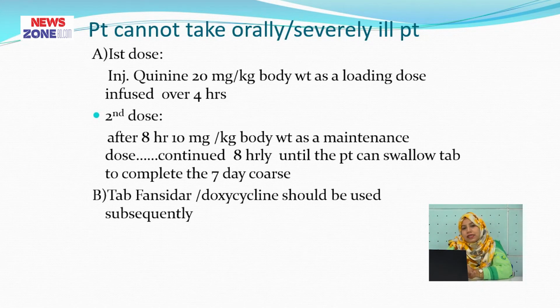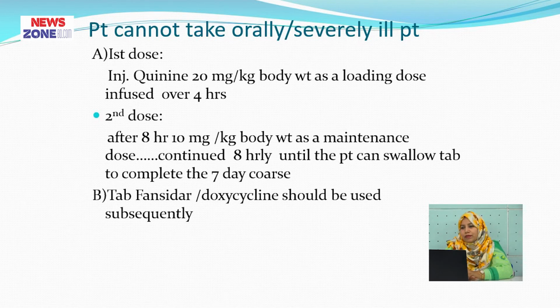If the patient is seriously ill and cannot take orally, then we should give the injectable form. The first dose is injection quinine 20 mg per kg body weight as a loading dose, infused over 4 hours. And the second dose is after 8 hours, 10 mg per kg body weight as a maintenance dose. Why should we give a loading dose?